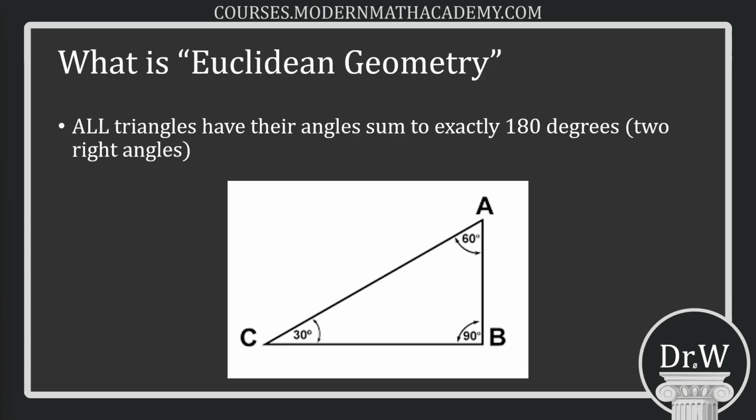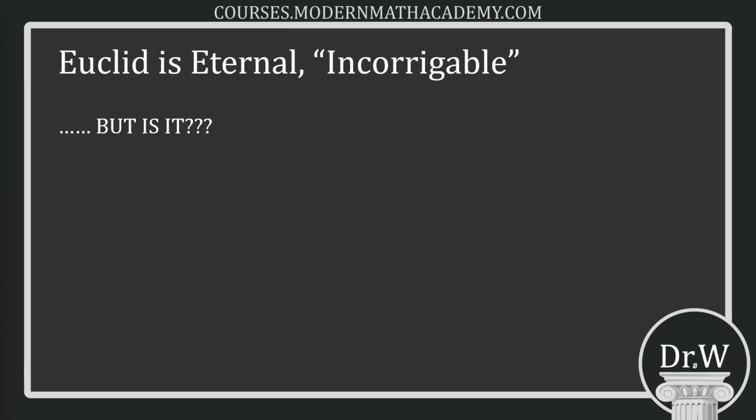Most people learn this fact here, that all triangles have their angles summed to exactly 180 degrees. But what if they didn't? Right? Well, if you were to say that, then everyone would just say, well, you're insane. And they would probably tell you to go to sleep and wake up tomorrow and come back to the truth.